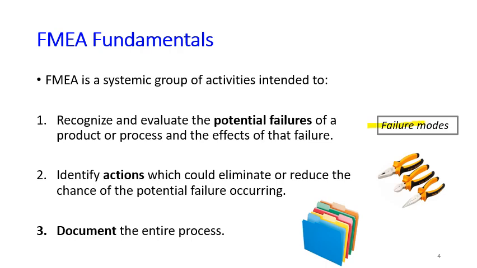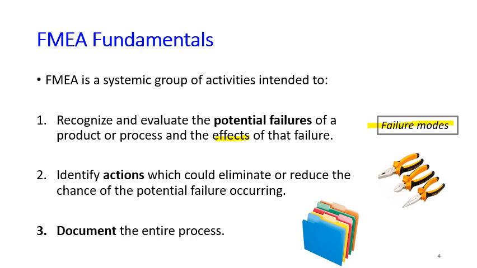So we try to identify what are the possible causes of failure of a product or a process. And then after we can identify all the possible failures and causes of those failures, we also think about what are the effects of each failure. So recognize the potential failures, the causes of those failures, and then also think about the effects.